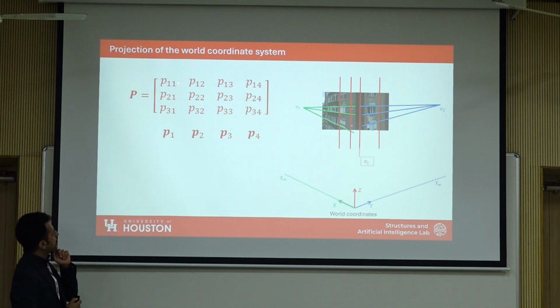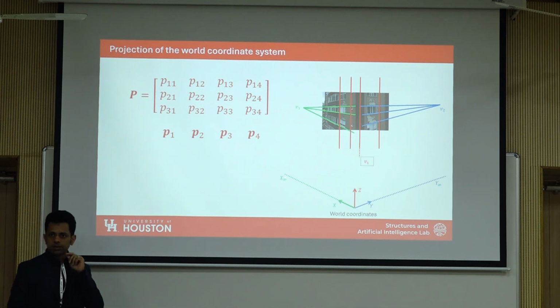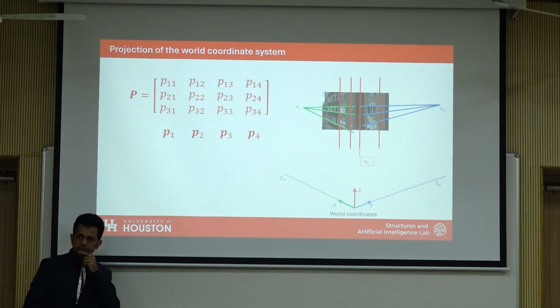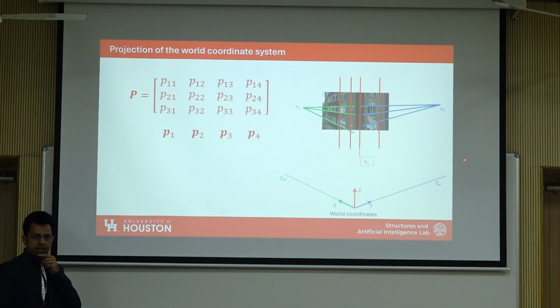And now if I call each of these columns P1, P2, P3, P4, what's the coordinate of x infinity? Capital X infinity, what's the coordinate of that? Well, that's the image coordinate.